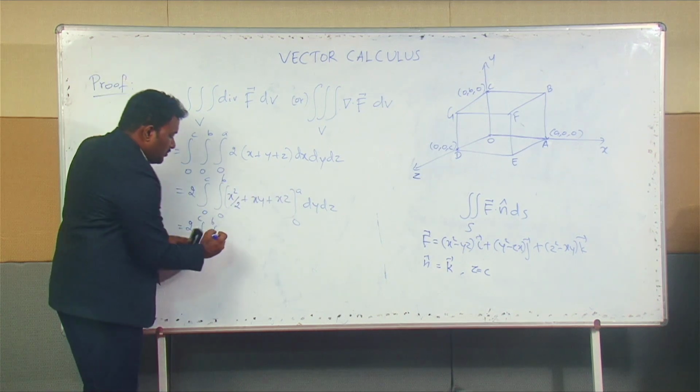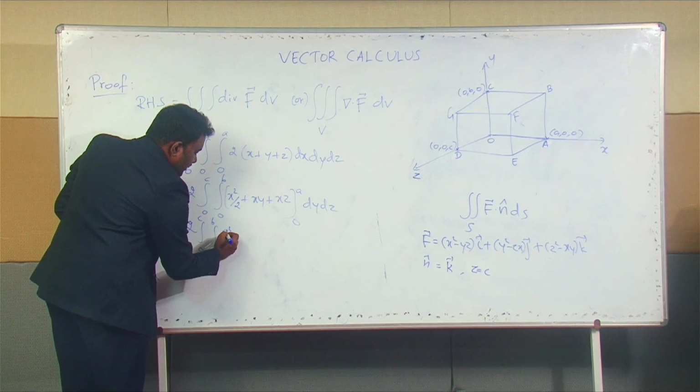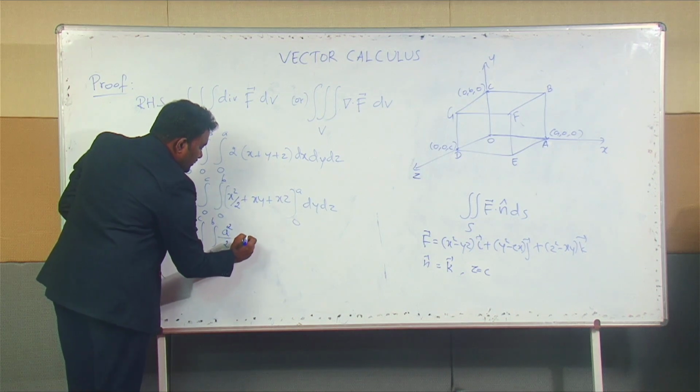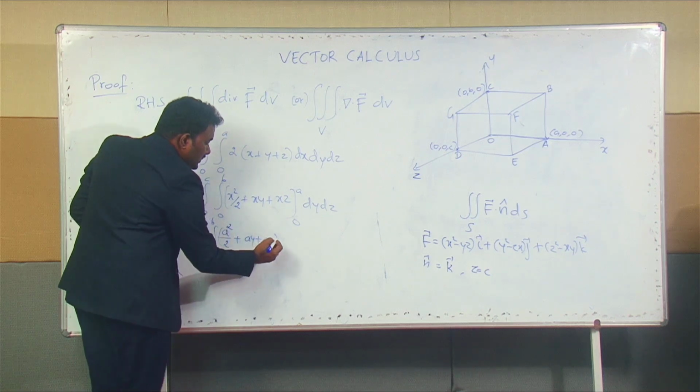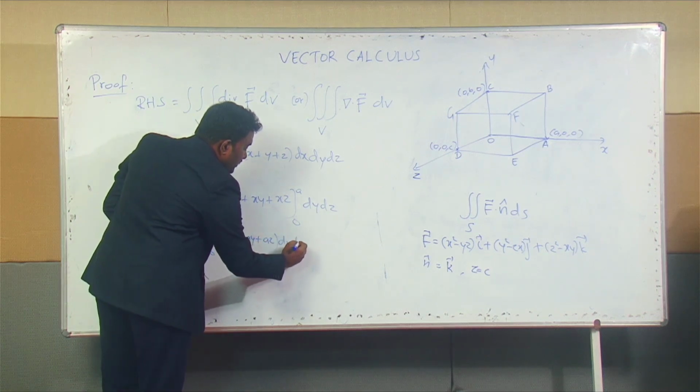When you apply the limit, it becomes a squared by 2 plus a y plus a z, and we have dy dz.